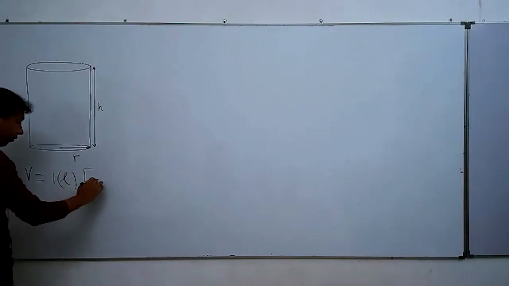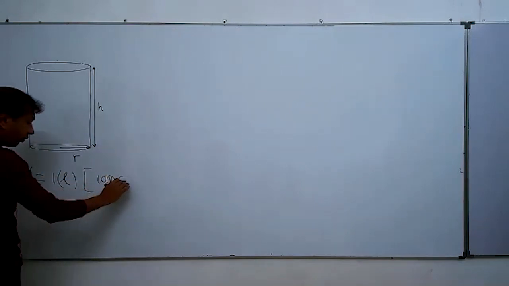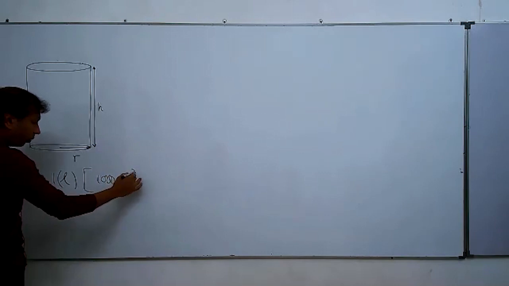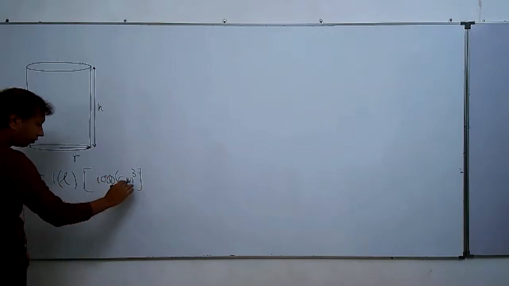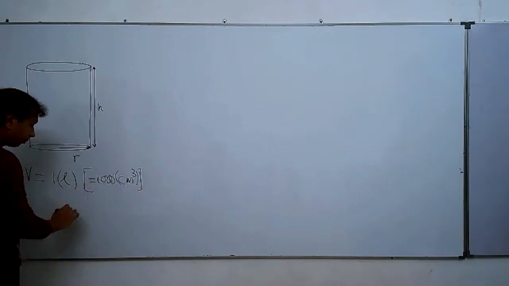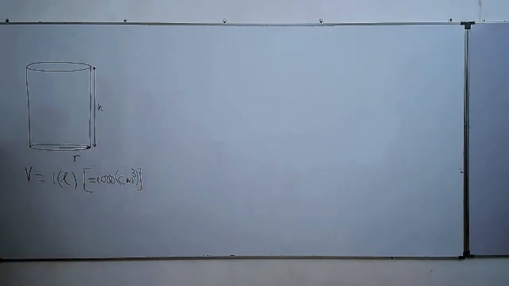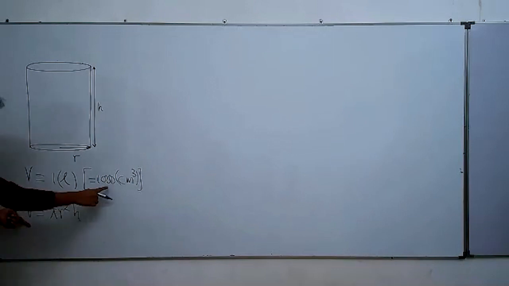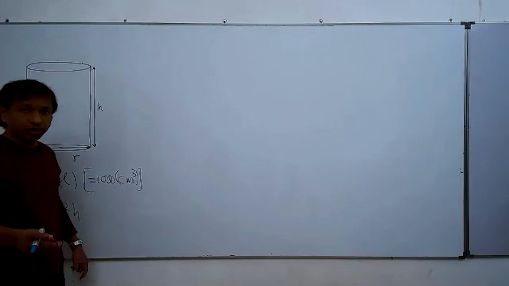That means 1000 cubic centimeters. Volume V is pi r squared h, base area into height h. That volume V should be equal to 1000 cubic centimeters. 1 liter means 1000 cubic centimeters.